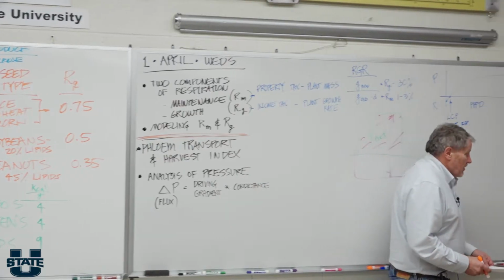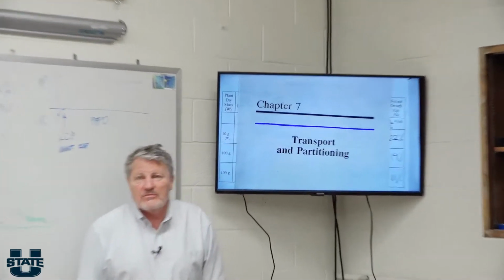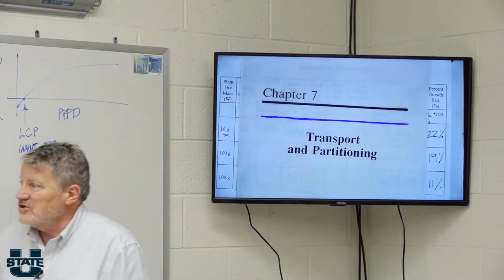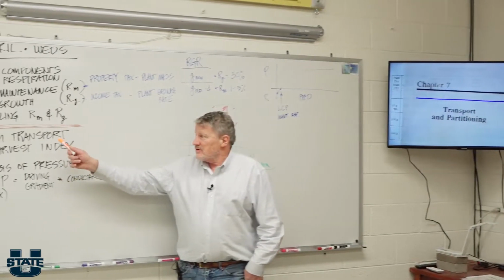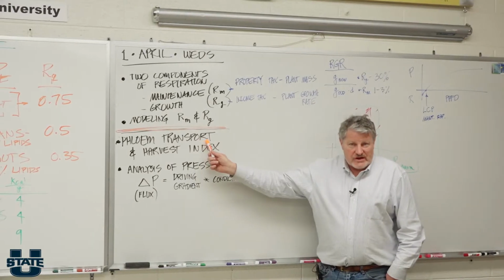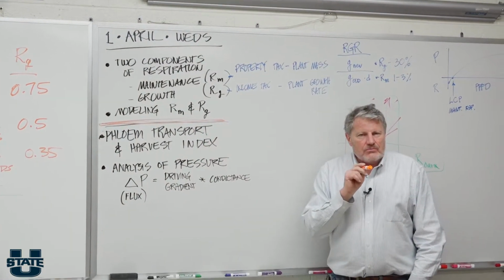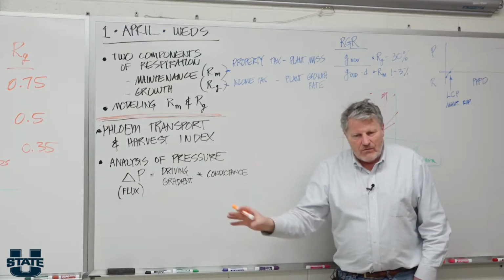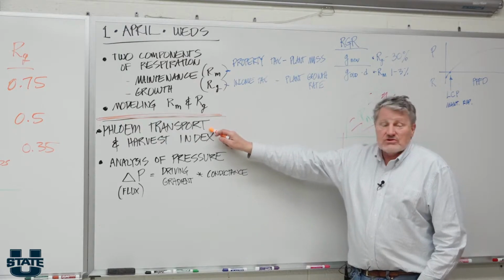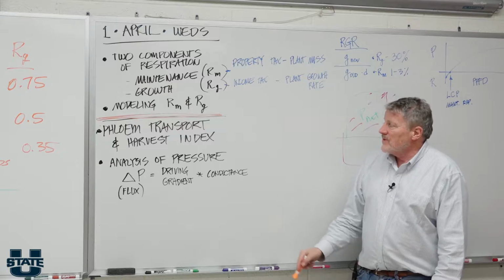So in the book, this is the next chapter, transport and partitioning. In plant physiology textbooks, there's a chapter on Phloem transport. Every plant physiology textbook ever written covers the principles of Phloem transport, how fast it moves, how it moves. It's wonderful to study because we really understand the physics of Phloem transport.